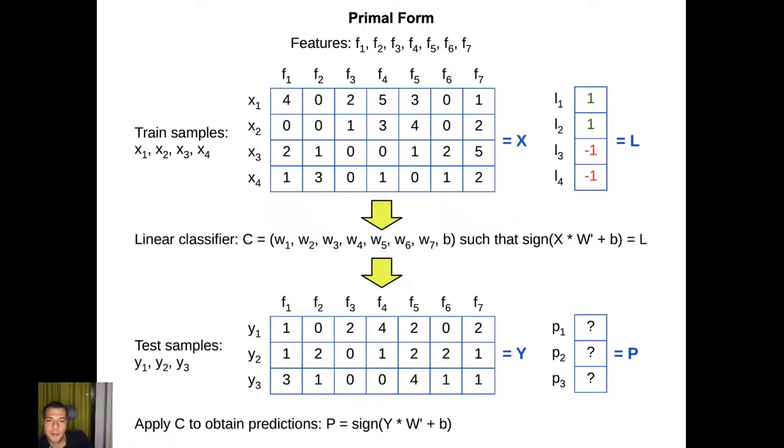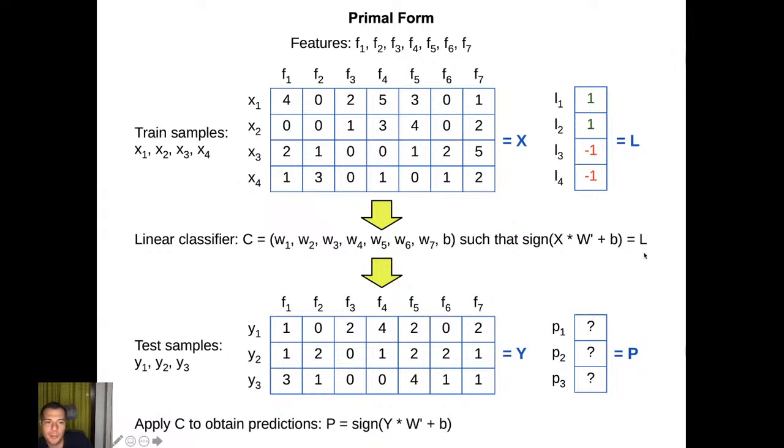If we have 7 features, we will have 7 weights and the bias term. And the linear classifier will give the output L by multiplying the matrix X with this vector of weights W and adding the bias term.